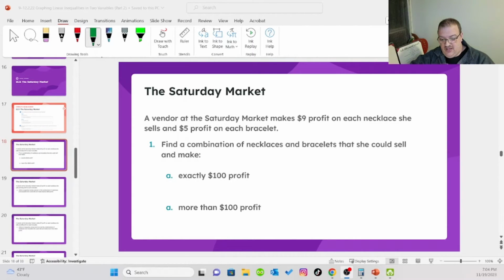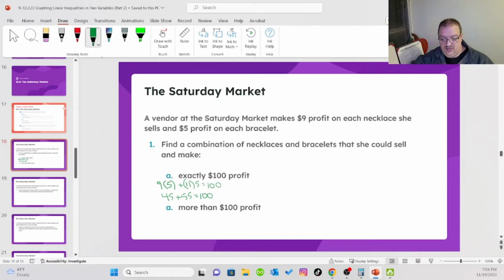We could say 5 necklaces and 11 bracelets would equal $100 because that would be $45 plus $55, which would equal 100.